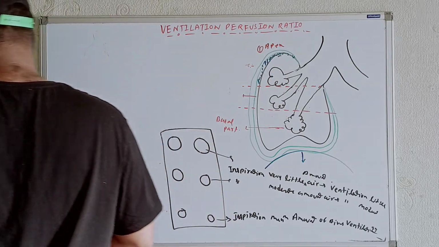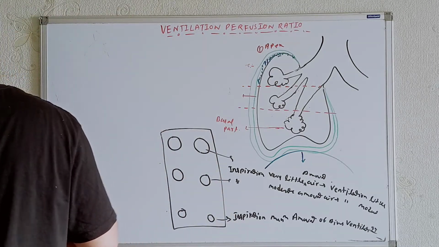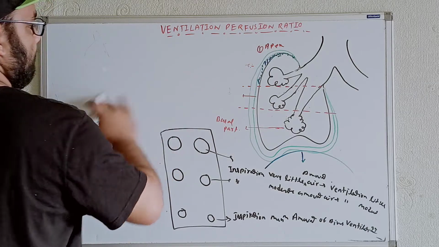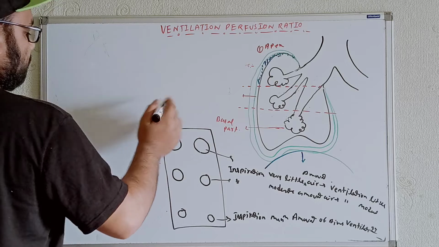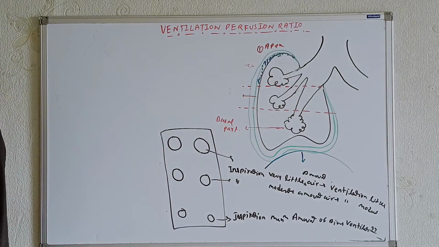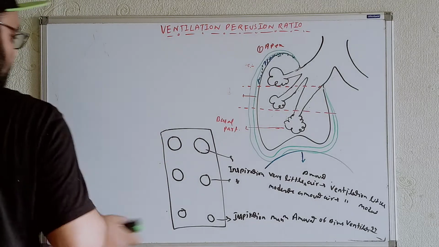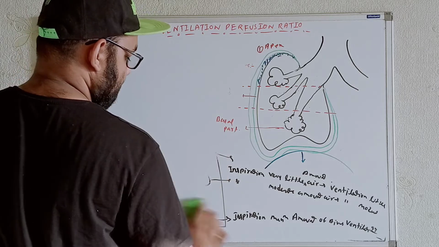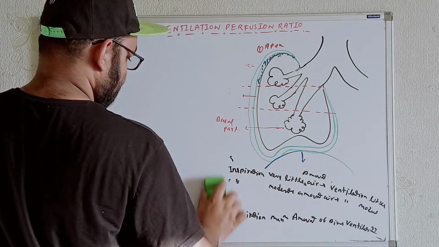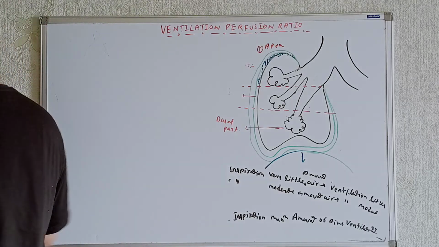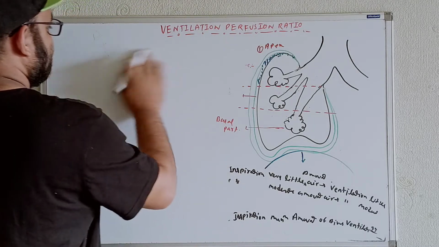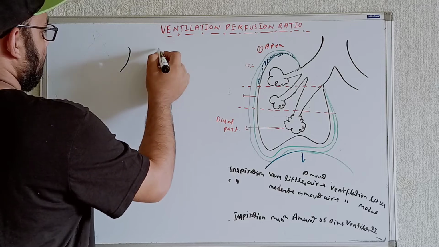So let's try to draw the lungs again over here. Okay, I'm using the black one. Okay, let's erase this part also. Hope you understood this thing. The pressure difference, that's the most important concept over here. If you can understand that, then you can also understand the perfusion very easily.